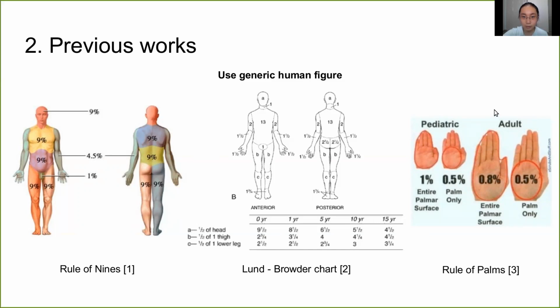The corresponding values for a child are 1 and 0.5%. Note that none of these methods give the exact values of TBSA, only the percentage of the body that the wound covers. Also, they only use a generic human figure and don't consider the detailed variation between different human bodies.